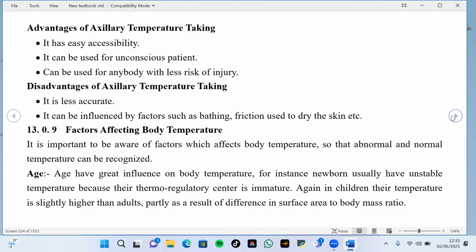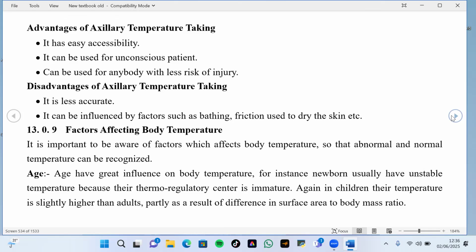What are the disadvantages? It is less accurate and can be influenced by factors such as bathing, and the friction that the healthcare person uses in cleaning the skin can also affect the result. Factors affecting body temperature, we have age.